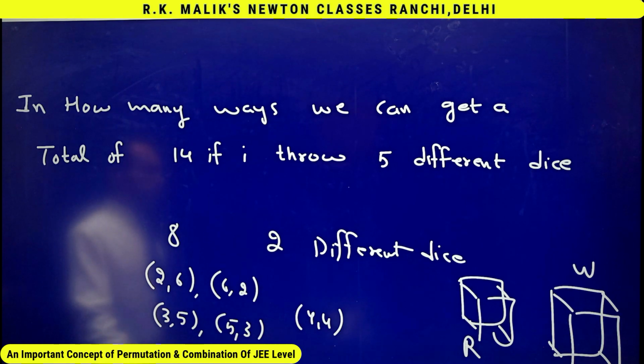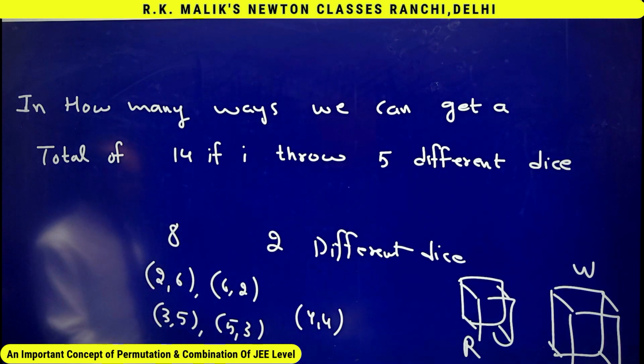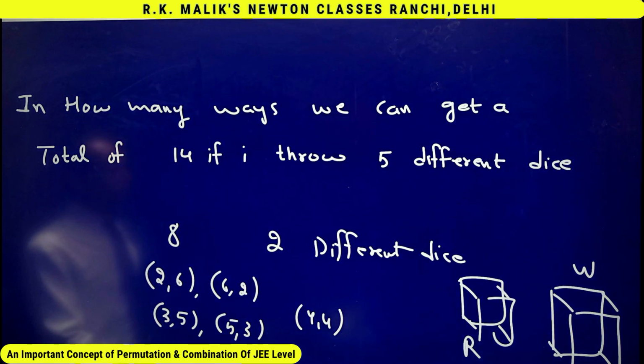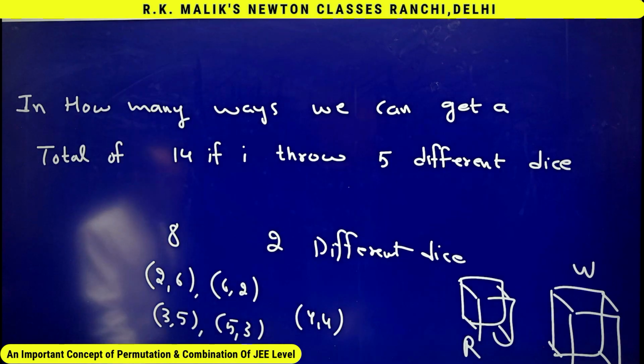This concept is used in permutation, combination and probability also. And the interesting thing to be noted is, in the questions of probability, even if the dice are given to you as identical, even then for getting the correct answer, you will have to suppose the dice are different.